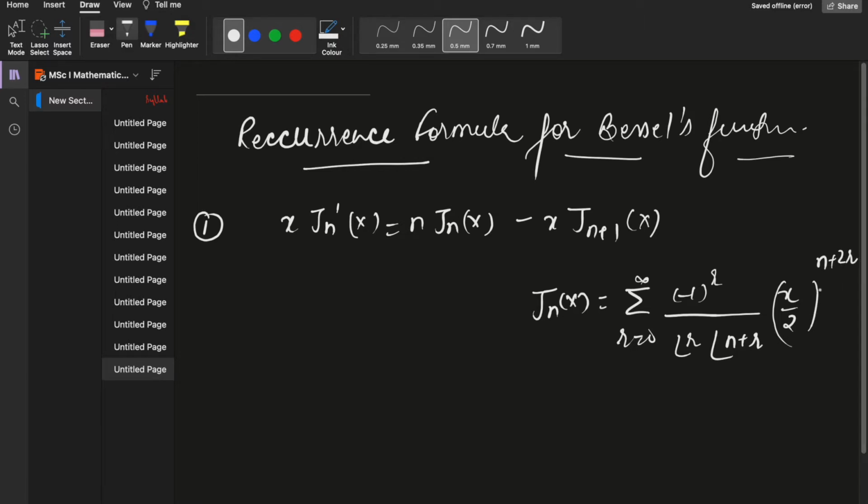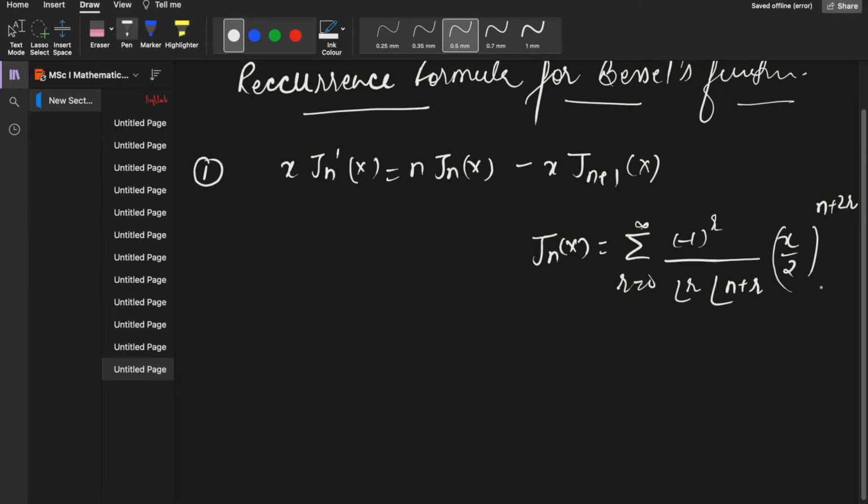This is the first recurrence relation we need to prove.